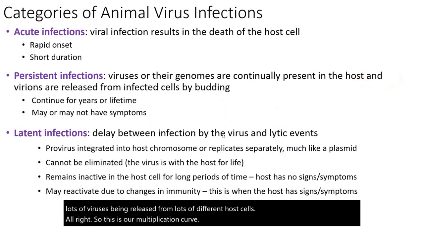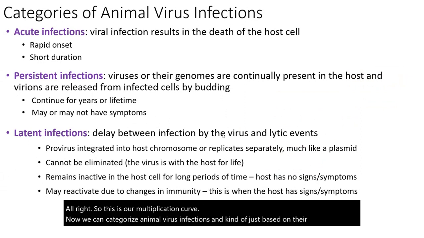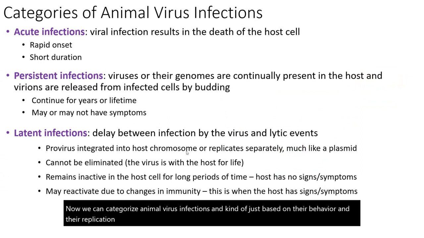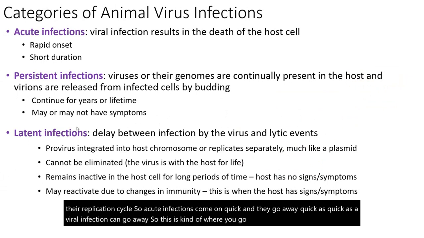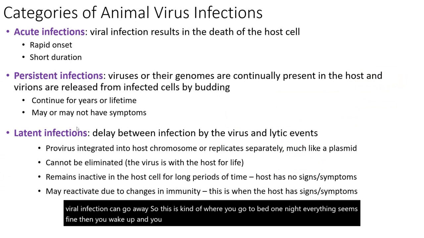Now, we can categorize animal virus infections based on their behavior and their replication cycle. Acute infections come on quick and go away as quick as a viral infection can. This is where you go to bed one night, everything seems fine, then you wake up and you feel like you've been hit by a truck.